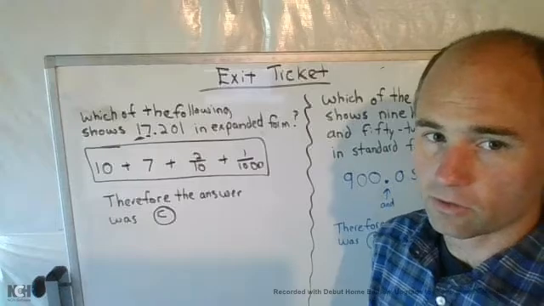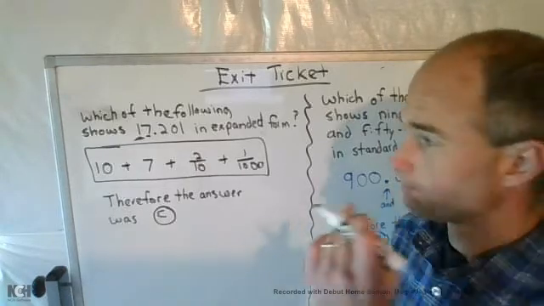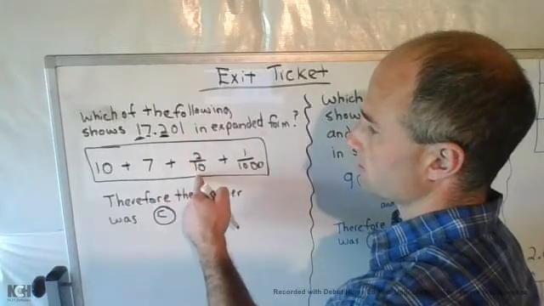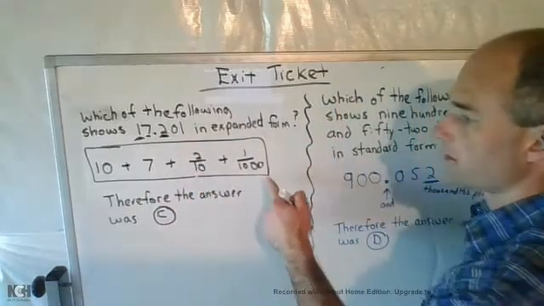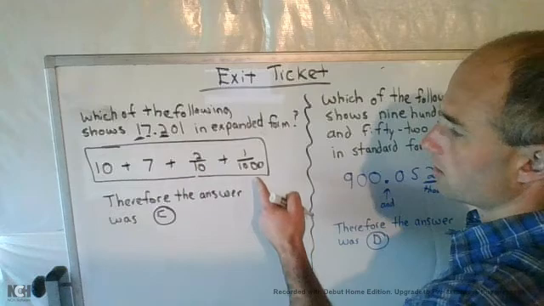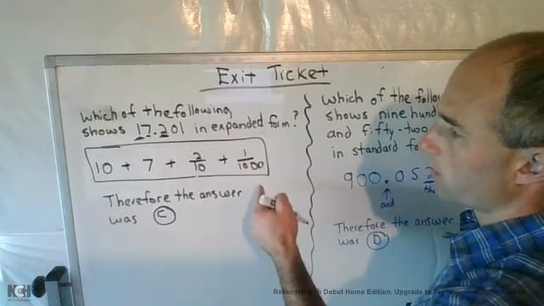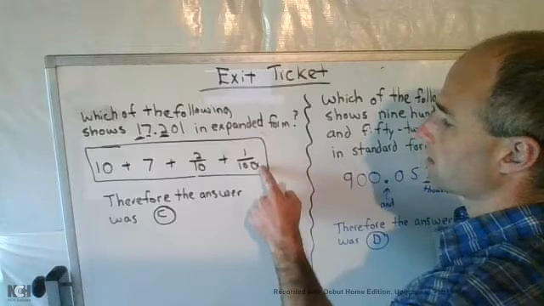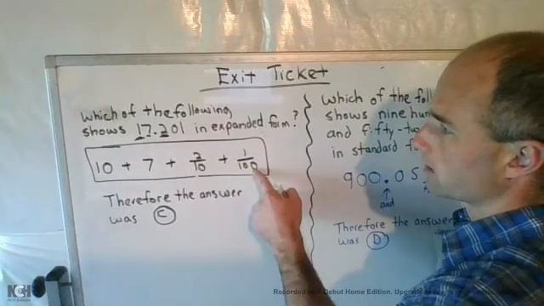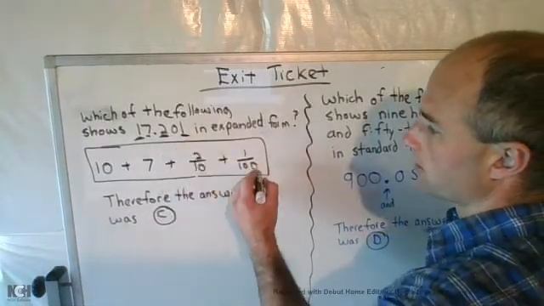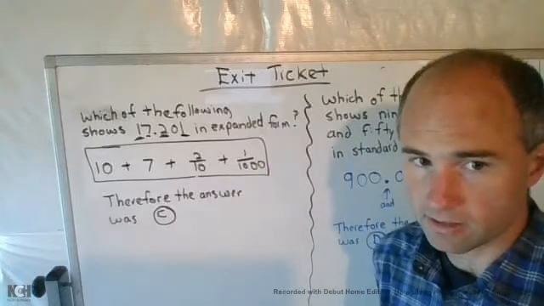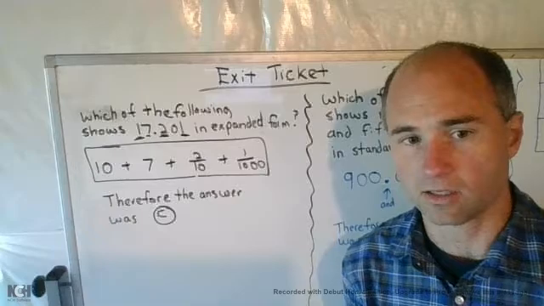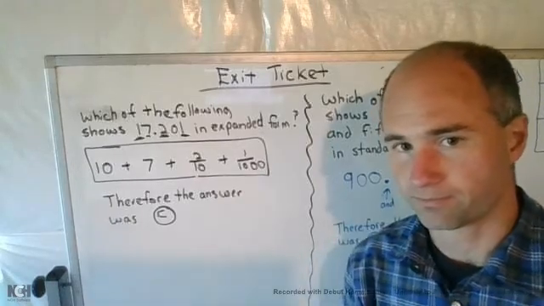And now we get into the fraction. You have 2/10. And this is where a lot of mistakes are going to happen, as to why people did not choose C as the answer, because they might have thought this would have been in the hundredths place, but it's all the way down in the thousandths place. Therefore, the answer to this question on the exit ticket was C.